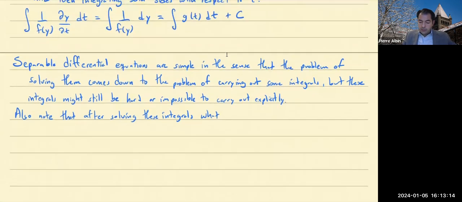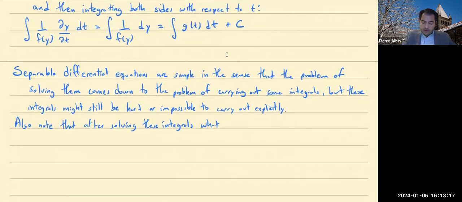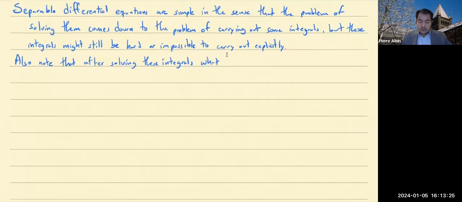Well, over here we have a function of y, and it's equal to a function of t, right? But that's not the same as having y equals some specific function of t.